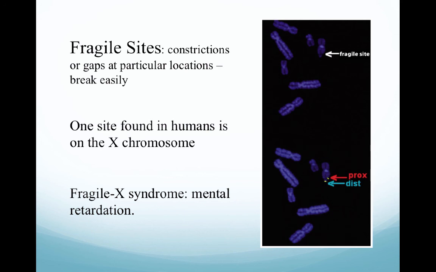One of the conditions that we have is called Fragile X syndrome. If that fragile site is expressed, then we can see severity related to intelligence, and it results in individuals that are mentally retarded. This can also play into a lot of behavioral issues as well.